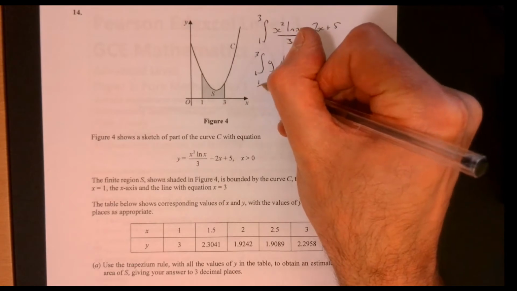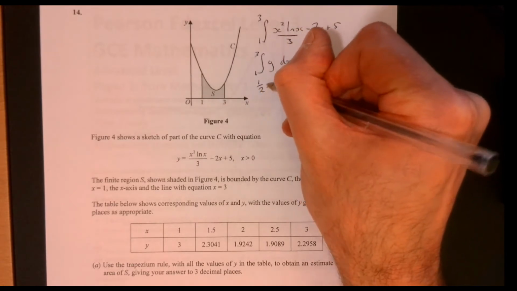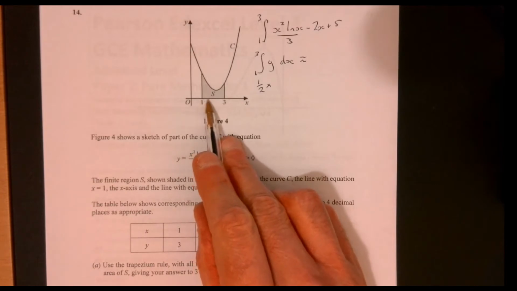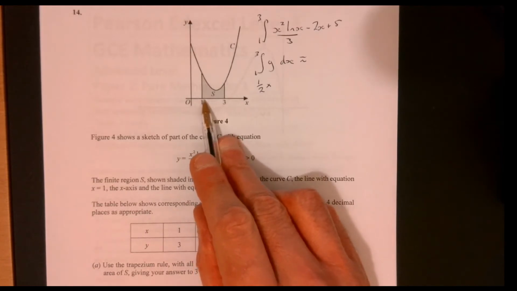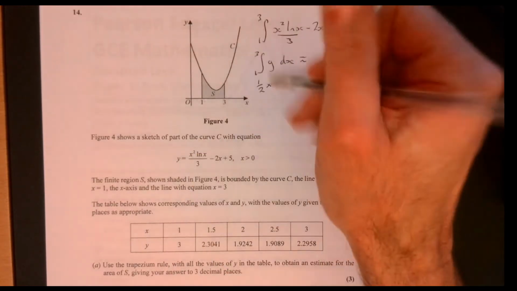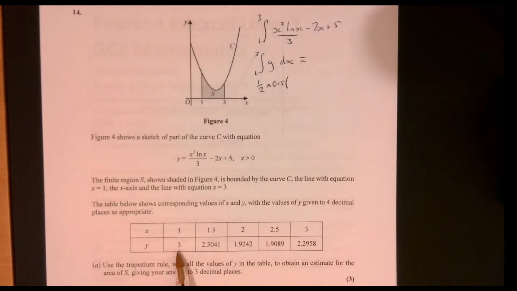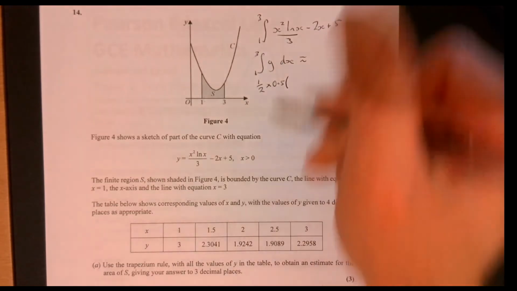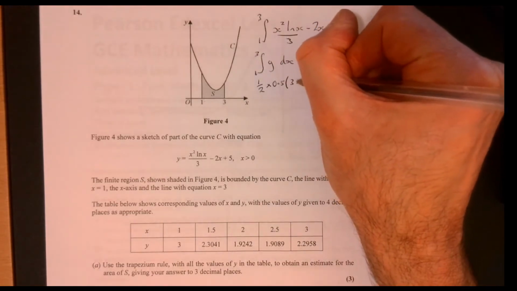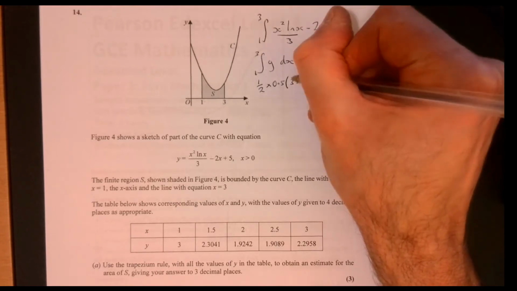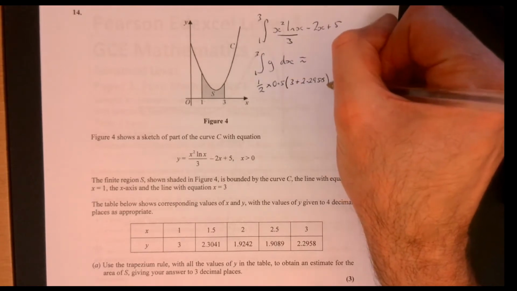So it's half multiplied by the width of each strip, which in this case is 0.5. So half multiplied by 0.5, and then it's the first one plus the last one. So 3 plus 2.2958.